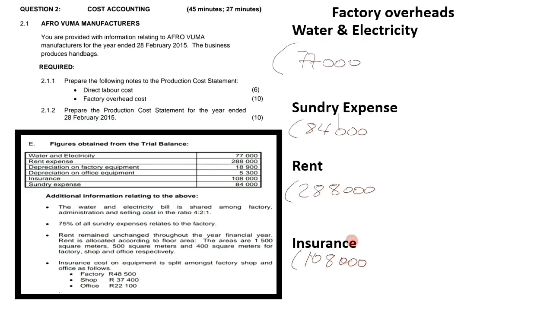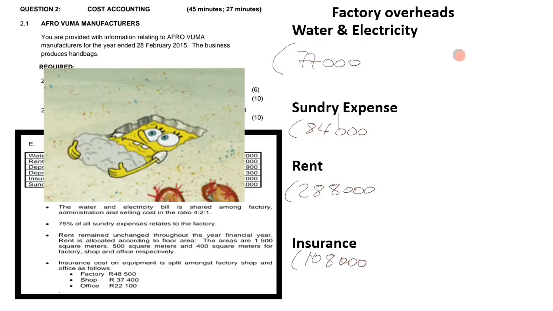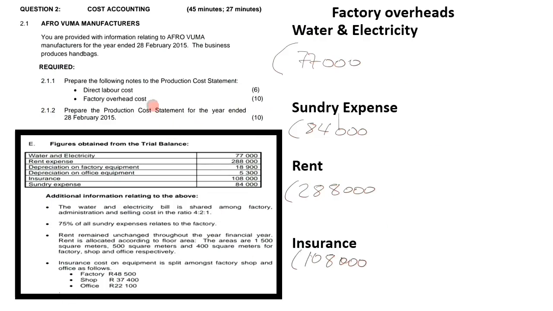Additional information listed below, bullet number 1: the water and electricity bill is shared in the ratio of 4:2:1 between the 3 departments, which are factory overheads, administration, and selling and distribution. So 4 is for your factory overheads, 2 is for administration, and 1 is for the sales department.